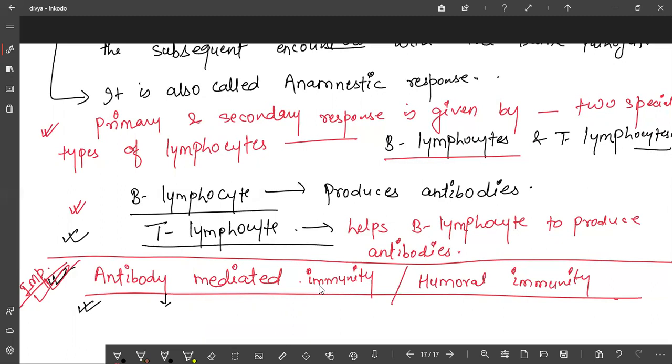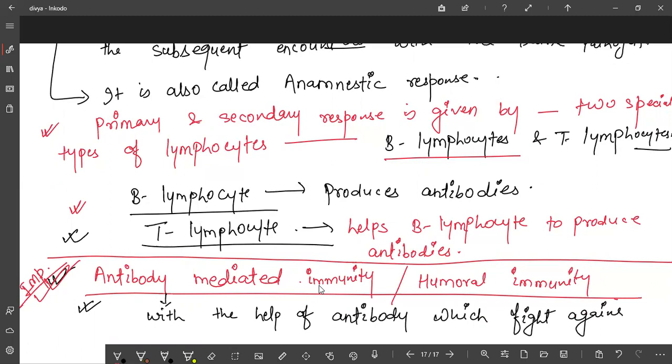So antibody mediated immunity is with the help of antibody which fights against antigen. Fights against what? Antigen. So here are two words, one is called antibody and another one is antigen.